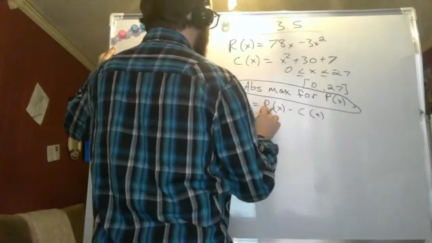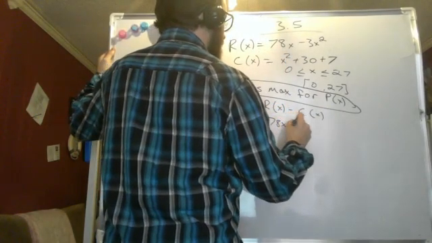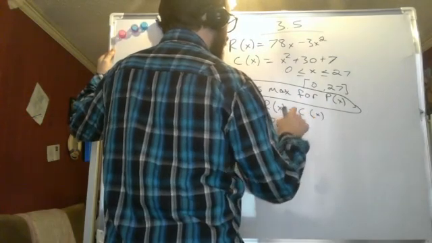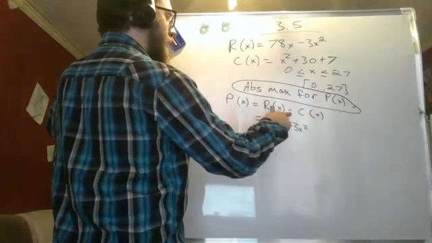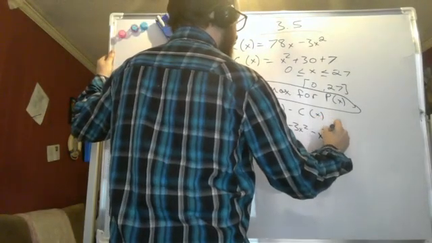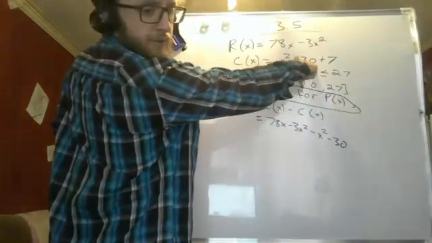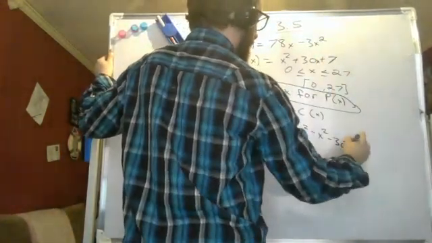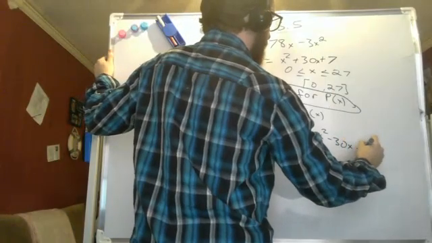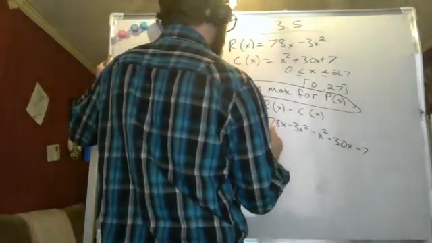Okay, so that's not too bad to do. Revenue is 78x minus 3x squared. Then we subtract cost. So remember to distribute your negative here. So we're going to have negative x squared minus 30. And you know what? I think I forgot an x up here. I did. Yeah, that should be minus 30x minus 7. Okay, so we'll just combine some like terms.